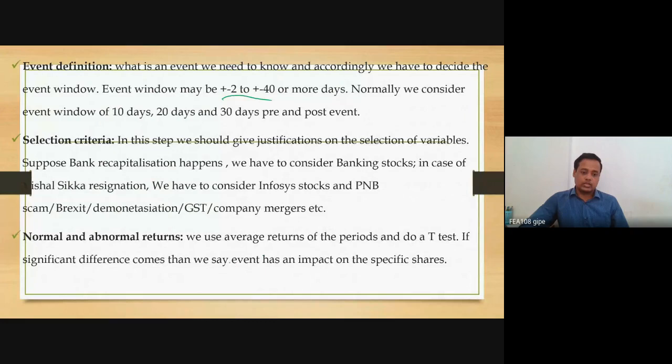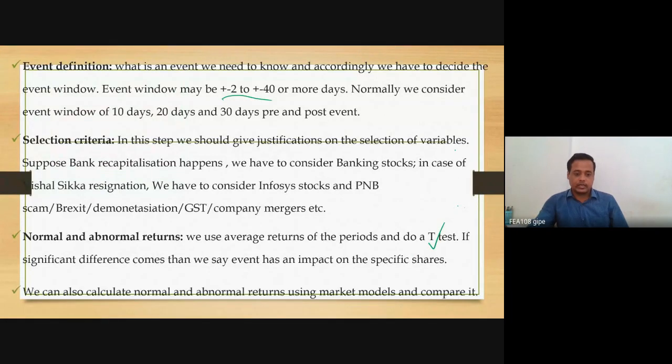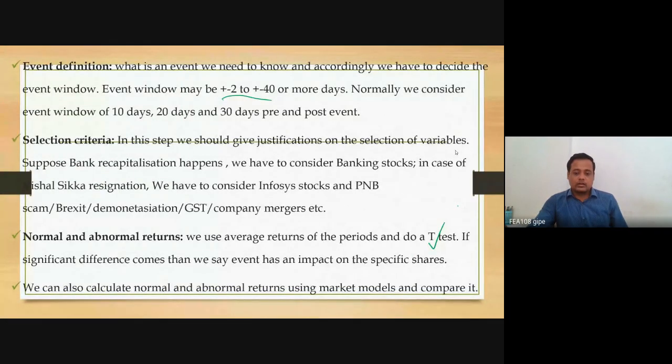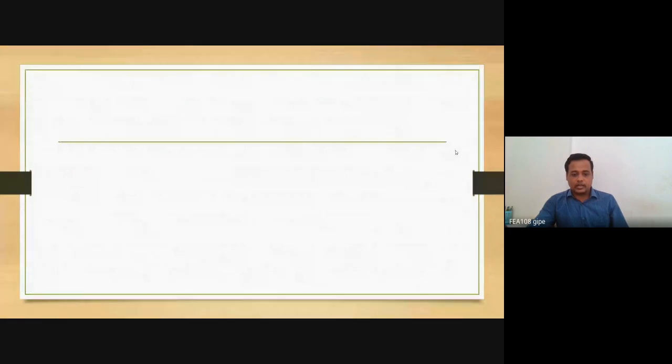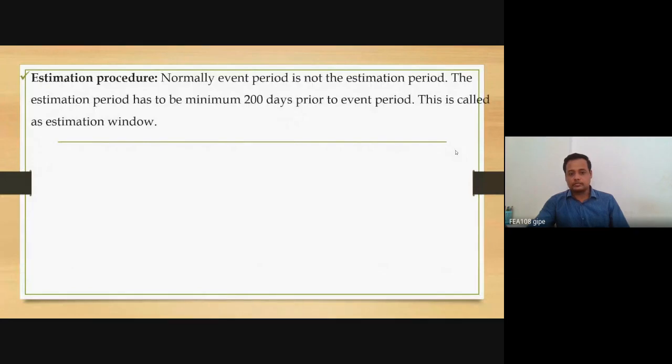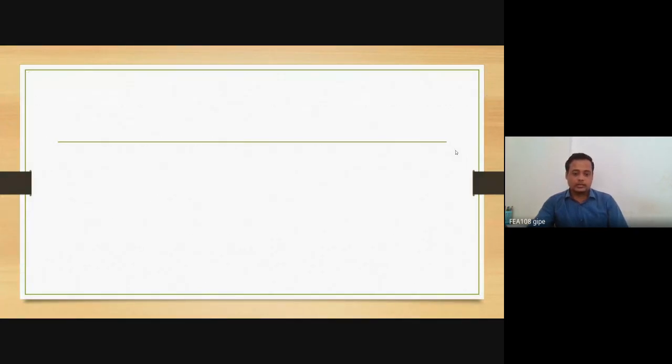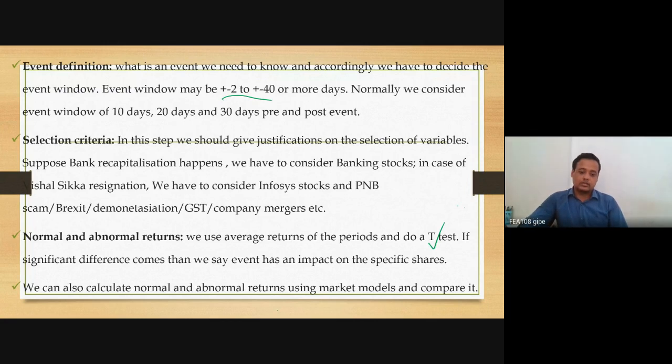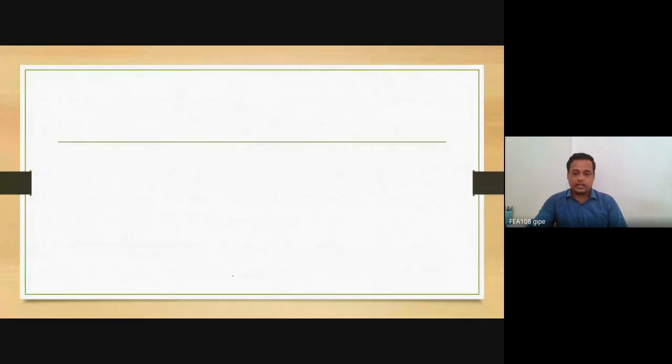Then we come out with normal and abnormal return. Then we do the t-test to see whether it is significantly impacted or not. Either we can use the CAPM model or the market model to calculate the normal and abnormal returns.